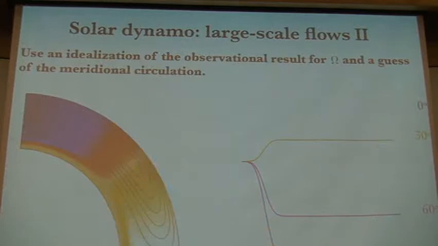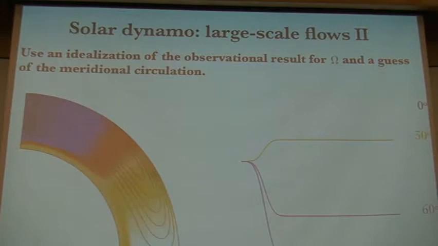And what is usually done is to take some idealization of this. One such thing is presented here. So we have a rapidly rotating equator, slowly rotating poles, and then we have a tachocline, but we have neglected here the surface shear layer.